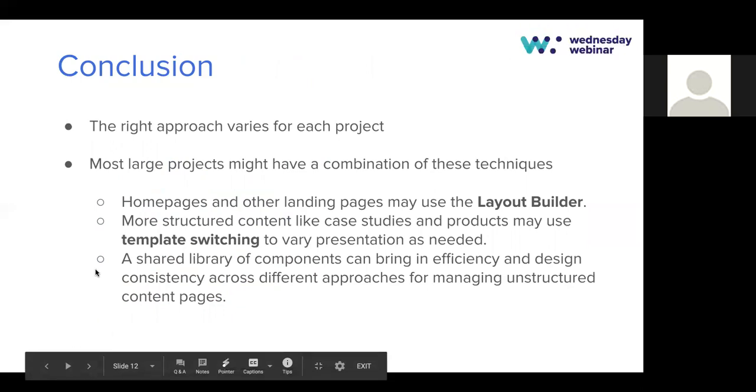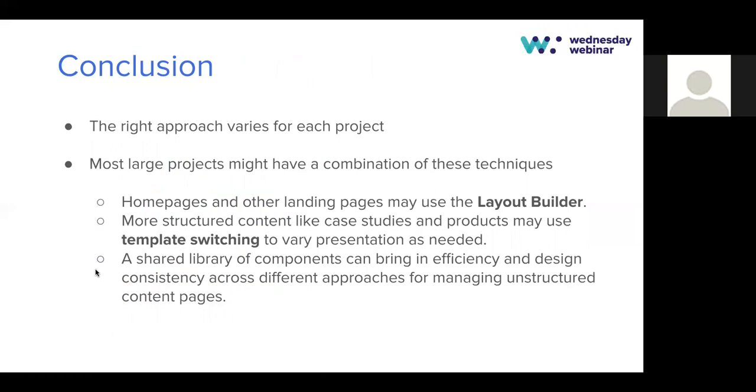Sure, I can touch on a couple of things which are relevant to content modeling. One is, as I mentioned, with Easy Content you get all these four approaches set up, so you can choose the right combination for your project.